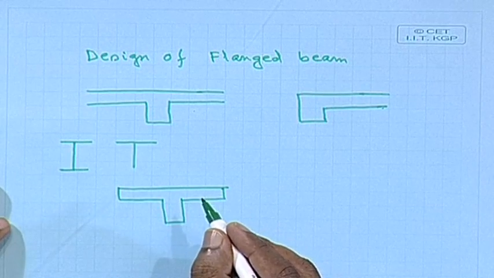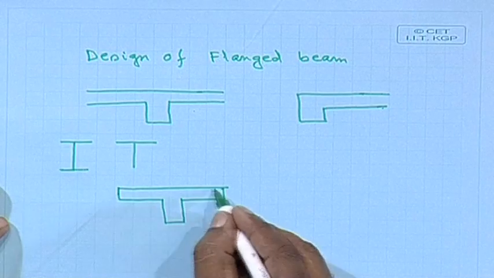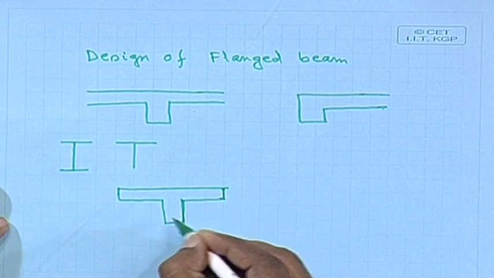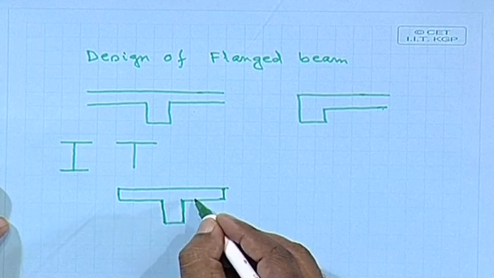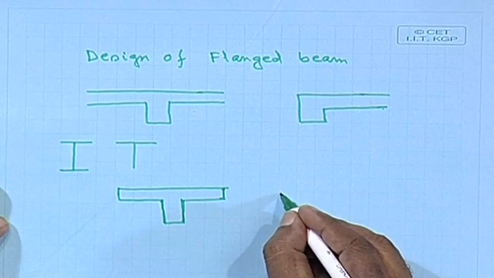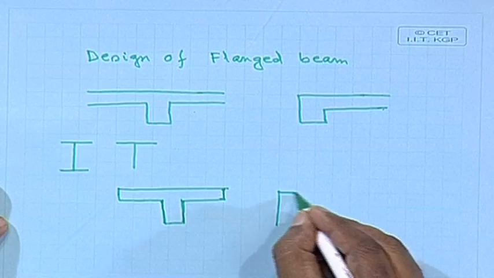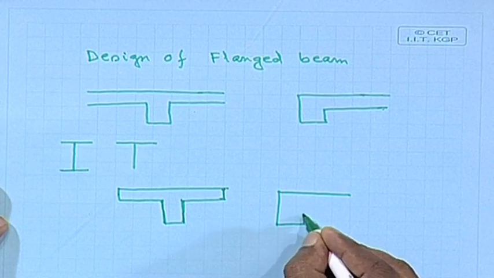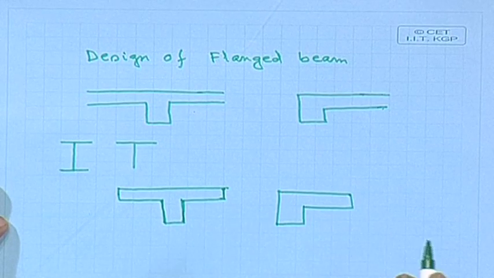Now, what we shall do, we shall take the width of the flange also, not only web. So far we have done the rectangular section. So, we shall take this portion also, that web as well as the flange. For this case, we shall take certain portion up to this.